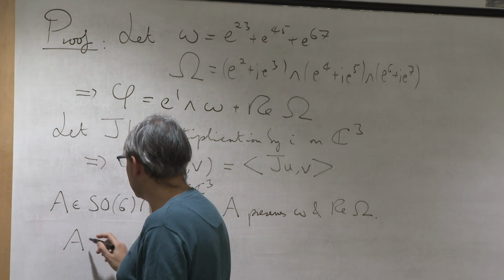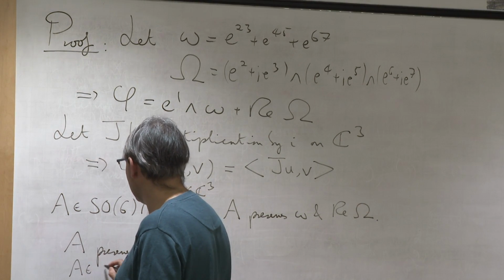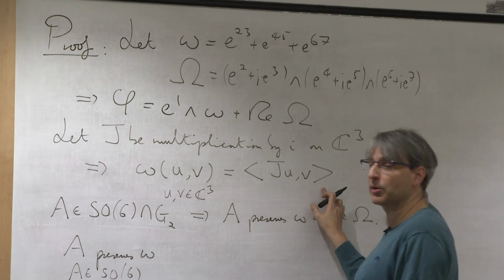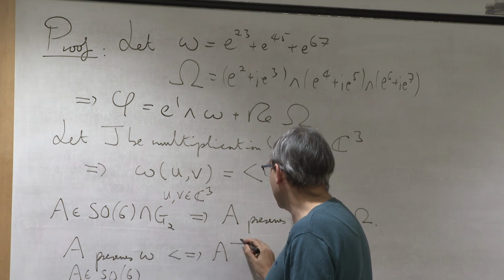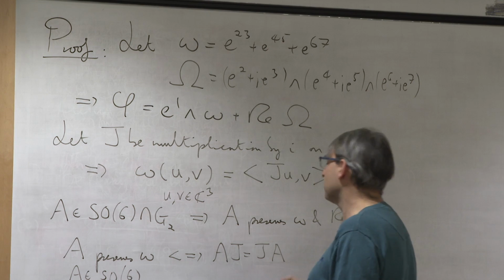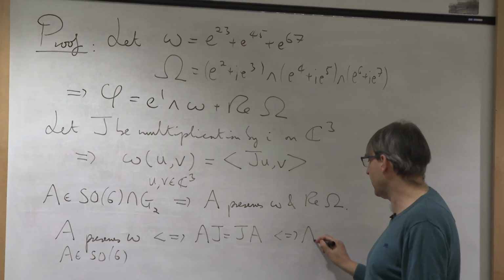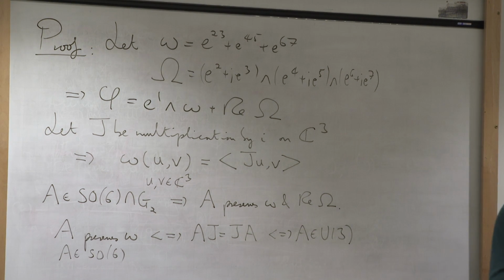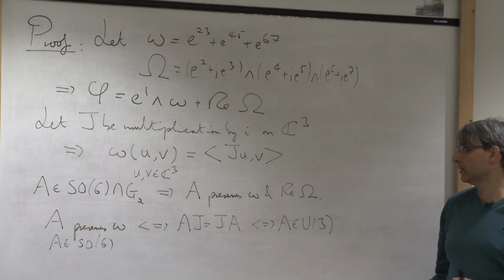Well, A preserves omega if A is in SO6 and A preserves omega. It's already preserving the inner product, so it has to preserve J. So this is if and only if AJ is JA. This is the only thing it can be, but that's the same as saying that A is in U3, once you identify R6 with C3. You have these real blocks, but they turn into complex blocks. That's all that I'm saying.